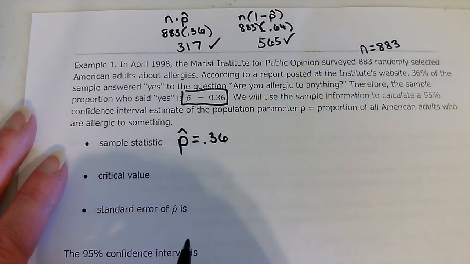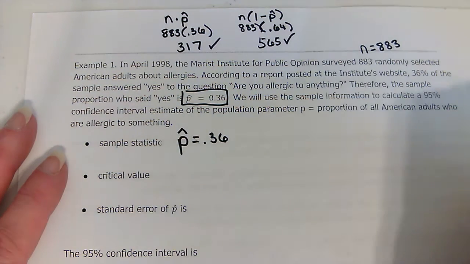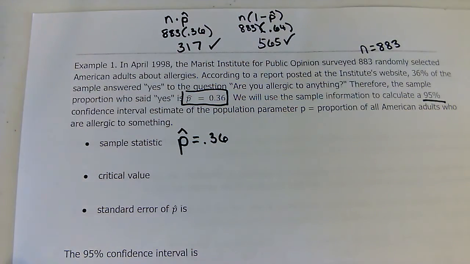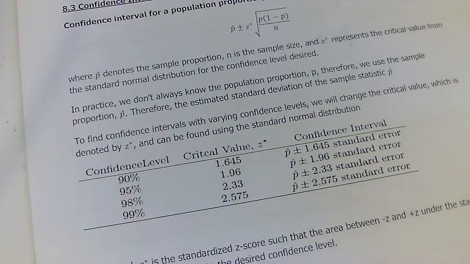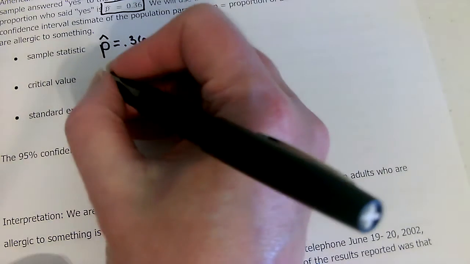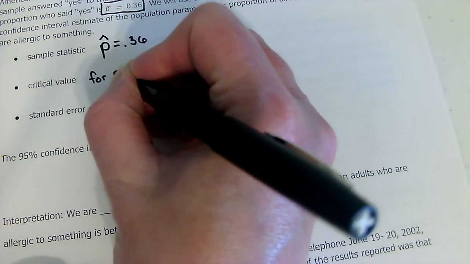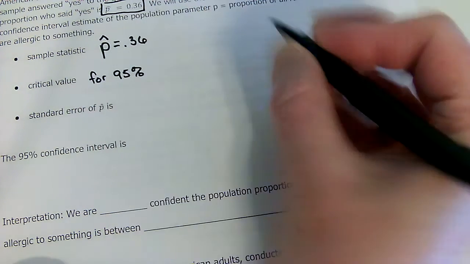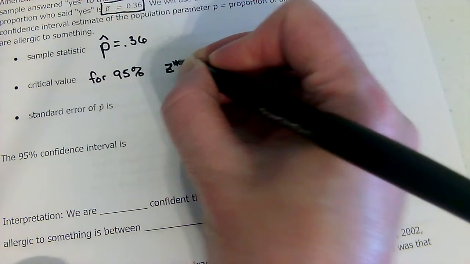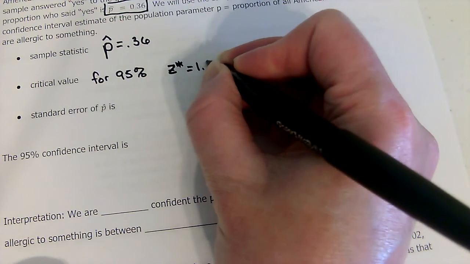Now, our critical value, if we're trying to get a 95% confidence interval, when I look back at the chart that was on the previous page, for 95%, 1.96 is my critical value. So for 95%, the critical value, that z star, is 1.96.